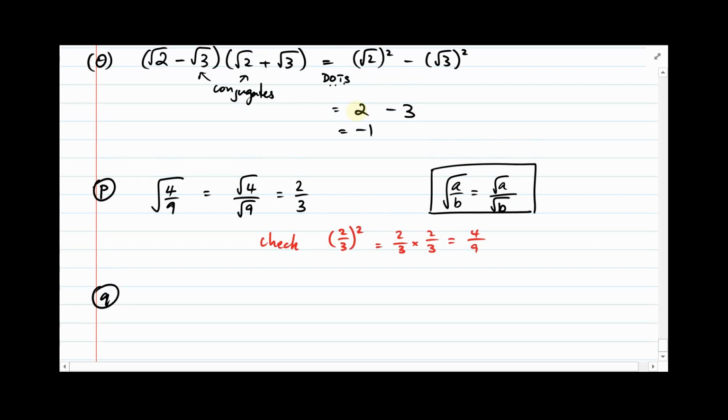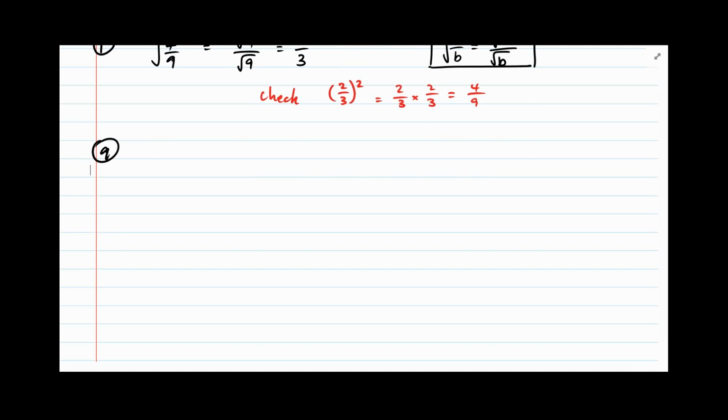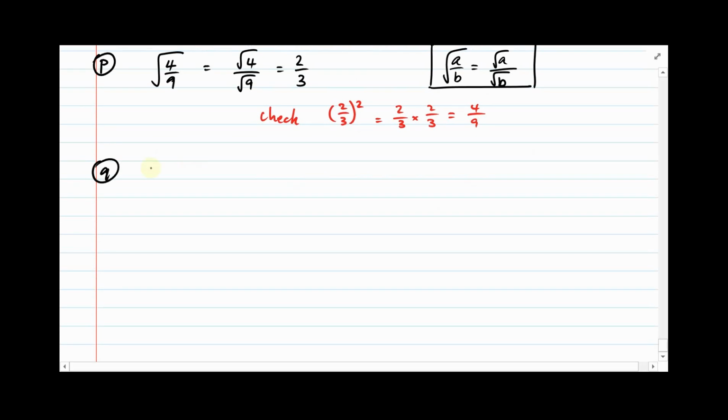Now, again, this is all well and good, but suppose instead we had, say, the square root of 1/2. So no problem here, square root of 1 over square root of 2. The numerator can be simplified.